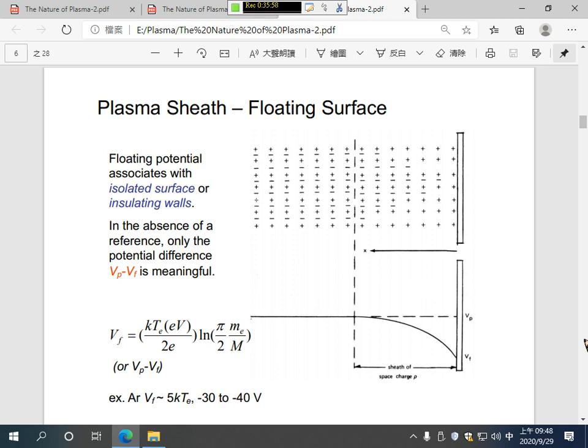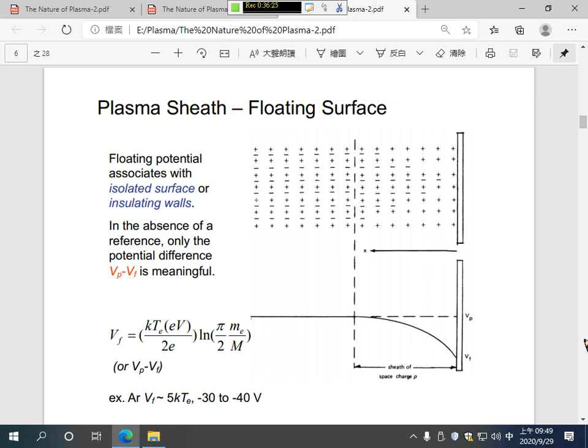Since for a certain period of time the electron flux is larger than the ion flux, the surface collects more negative charge than positive charge. In other words, the surface of the plastic will be charged negatively.